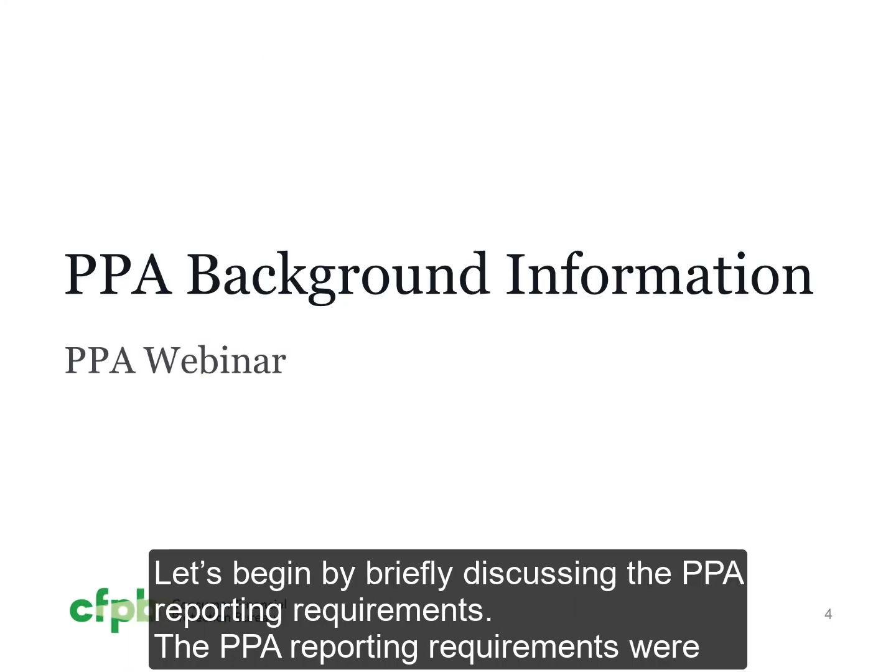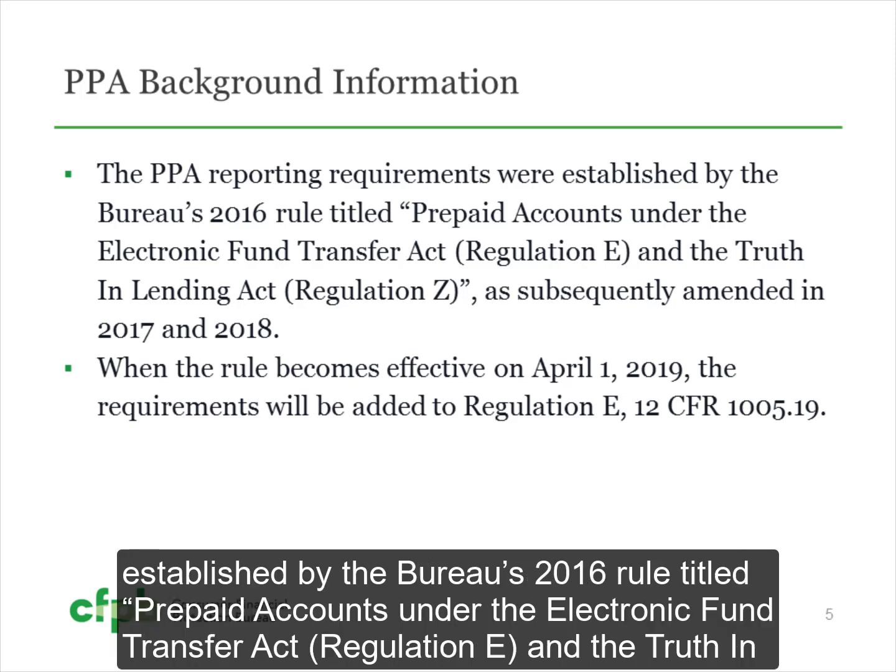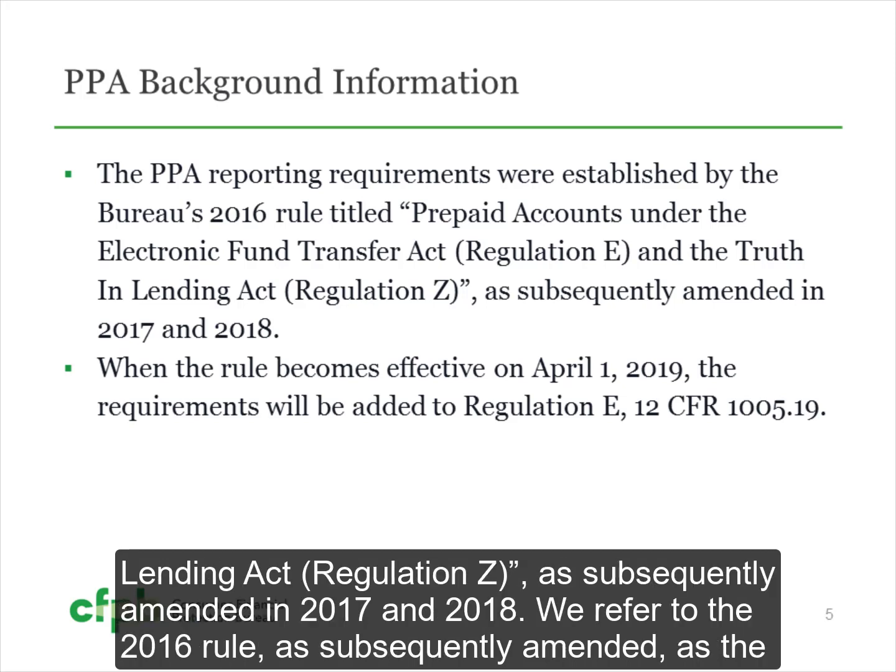Let's begin by briefly discussing the PPA reporting requirements. The PPA reporting requirements were established by the Bureau's 2016 rule titled Prepaid Accounts under the Electronic Funds Transfer Act, Regulation E, and the Truth in Lending Act, Regulation Z, as subsequently amended in 2017 and 2018.